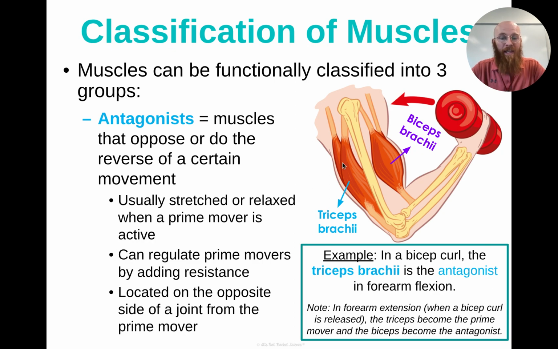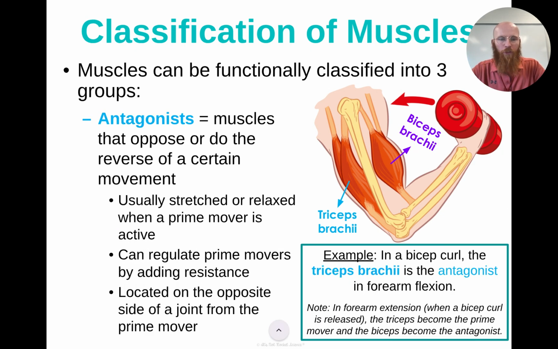It can regulate prime movers by adding some extra resistance, and it's located on the opposite side of a joint from the prime mover, and you can see that here. On the front side of this joint, you have your biceps brachii. Opposite side, you've got your triceps. So in a bicep curl, that movement example, really easily relatable, the triceps brachii would serve as the antagonist. It's opposing forearm or elbow flexion.